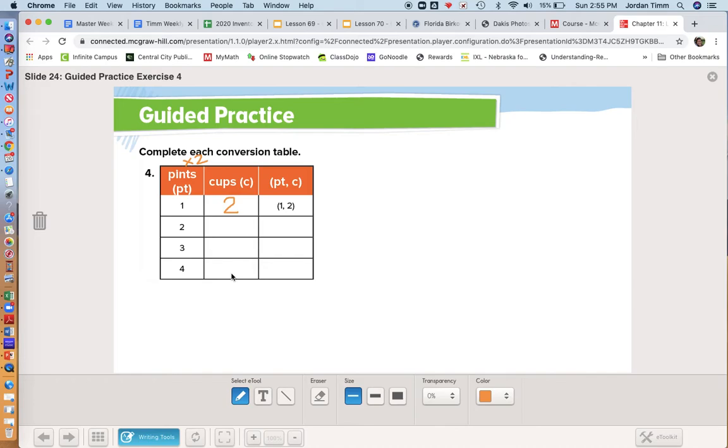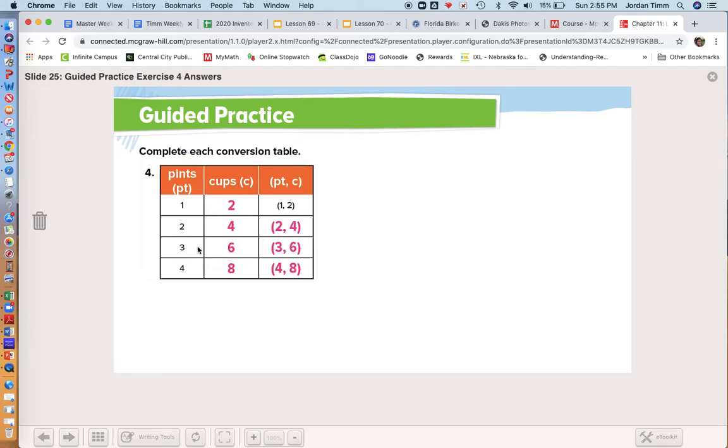We will check it when you are done. Okay, I'm going to pull up the answers. Here are the answers. So check your work. Make corrections if you need to.